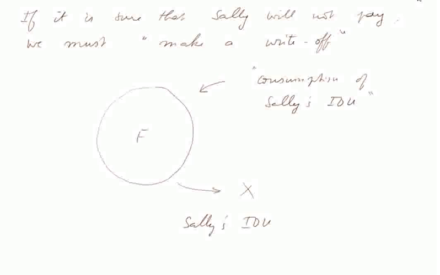Well, let's consider the case if it is sure that Sally will not pay. In that case, we must make what's called a write-off. This is how it goes. This is our firm. Sally's IOU will be cancelled because it vanishes and somehow will consume the value of this Sally's IOU.